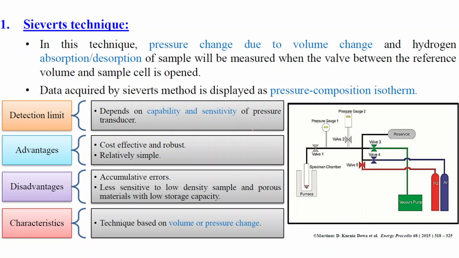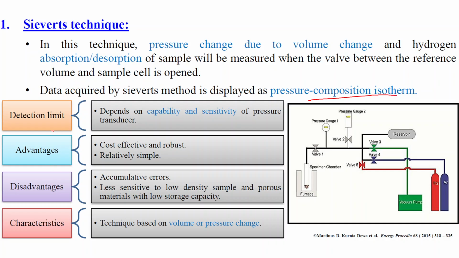If it gets absorbed, then the pressure inside the specimen chamber decreases, and if the gas gets dissolved, then the pressure inside the chamber increases. That is displayed as a pressure composition isotherm.